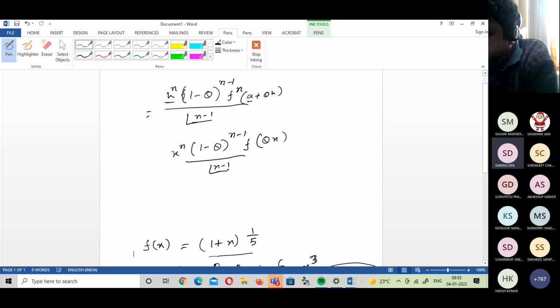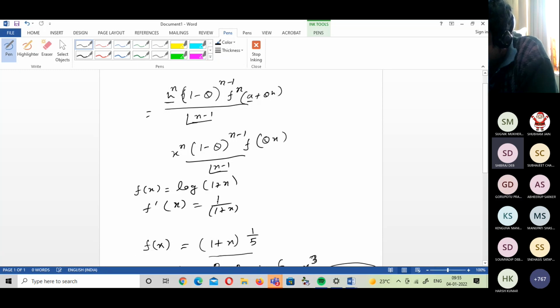Now, if you take f of x equals log of 1 plus x, then f dash x is 1 by 1 plus x. What will be f double dash? Minus 1 by 1 plus x whole square. Then what will be f n x?